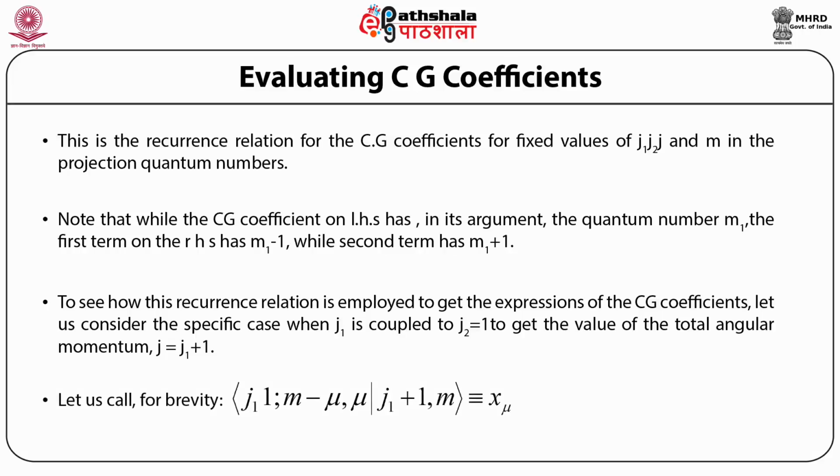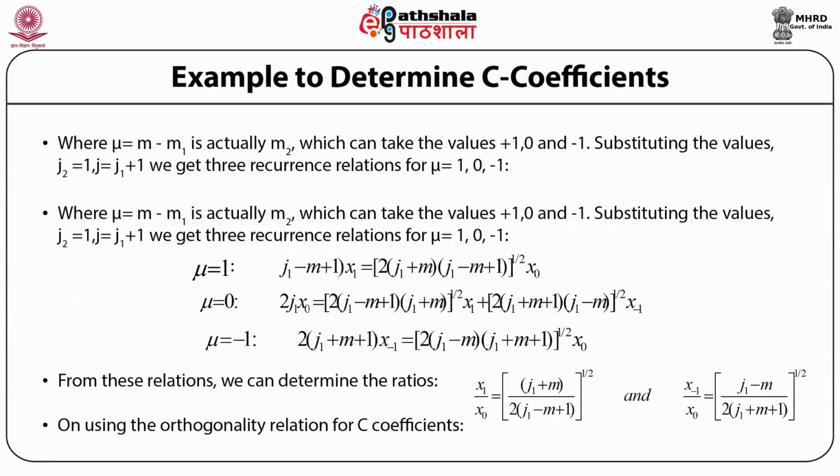Now let us call, for brevity, <j1 1 m-mu|j1+1 m> equivalent to x subscript mu. Example to determine Clebsch-Gordan coefficients.